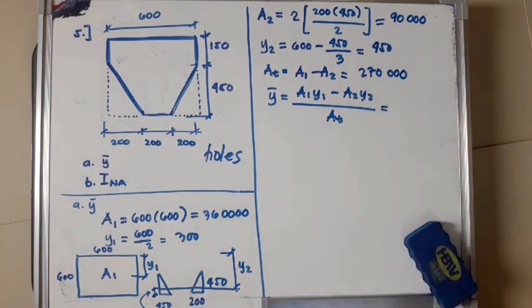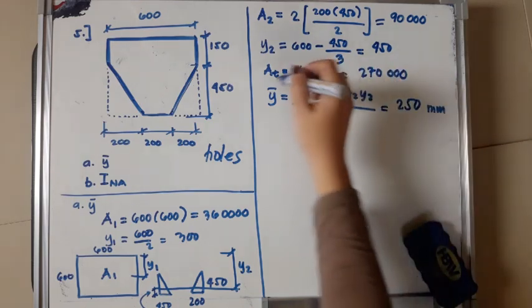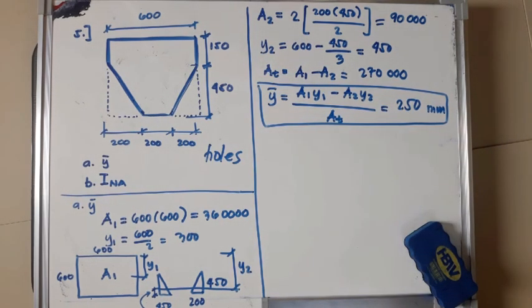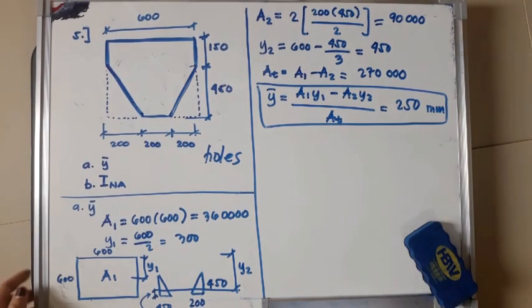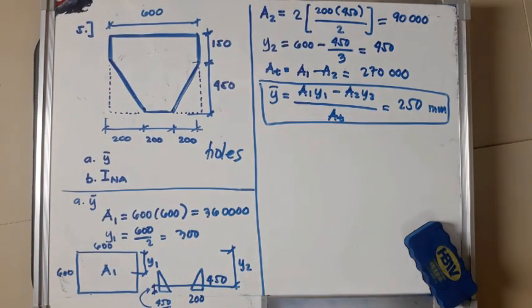So solving, we have 360,000 times 300 minus 90,000 times 450 divided by 270,000. So our bar y is 250 mm. You got it?